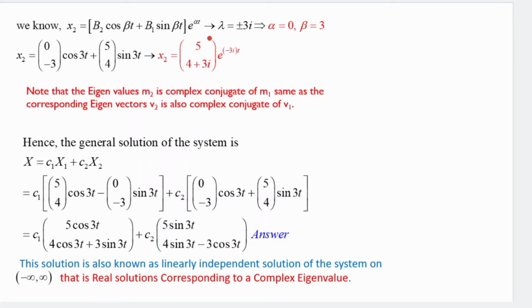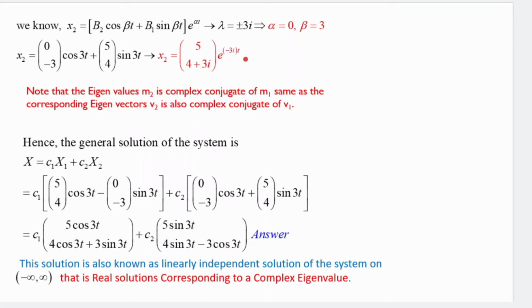Since we know that x1 and x2 are supposed to be complex conjugates, when our x1 is (5, 4 minus 3i), in that case our x2 is supposed to be (5, 4 plus 3i).